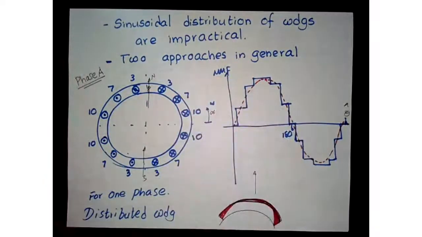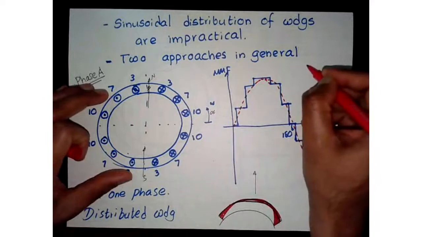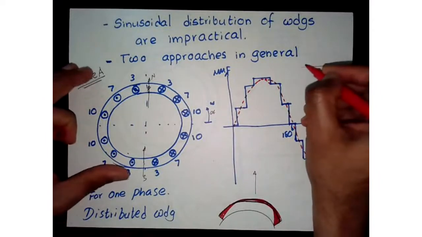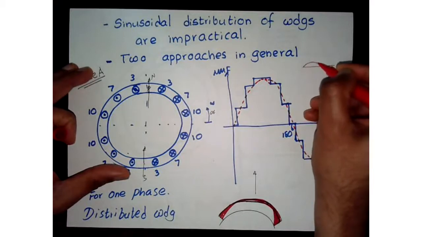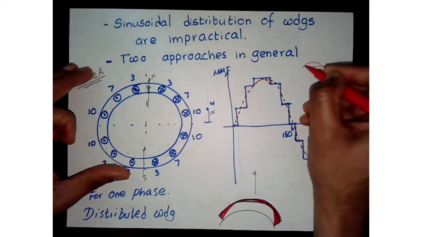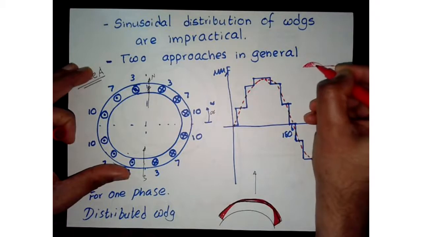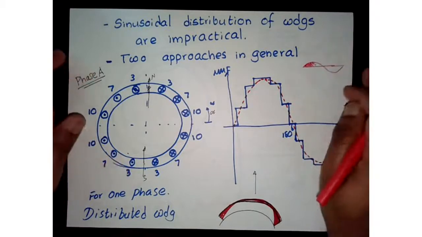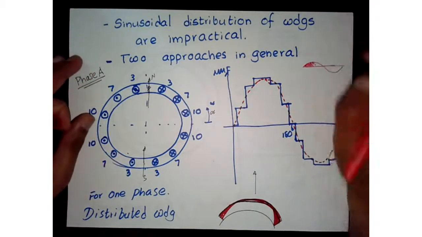It would mean technically needing the windings to be distributed around the rotor in this manner, ideally a sinusoidally shaped set of windings, which is very difficult.